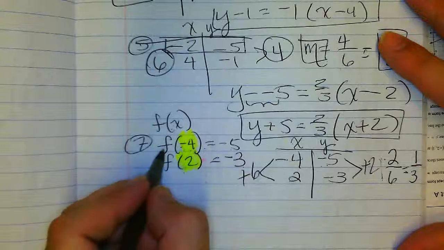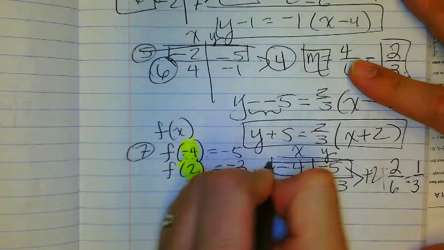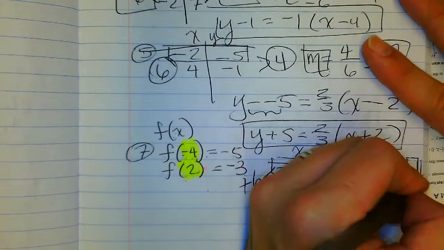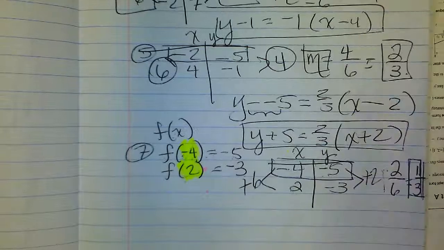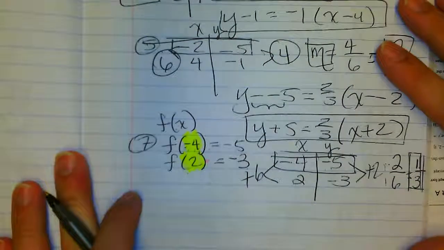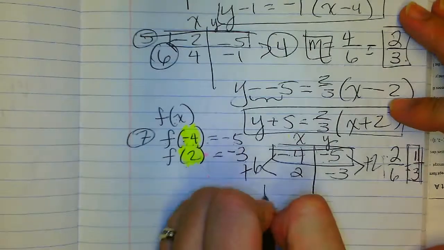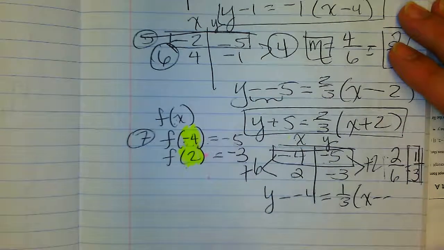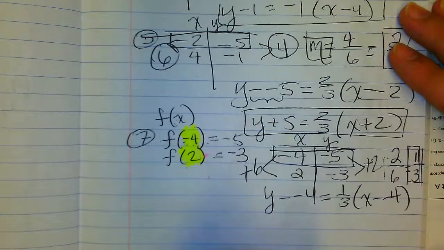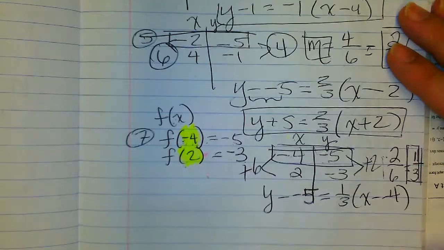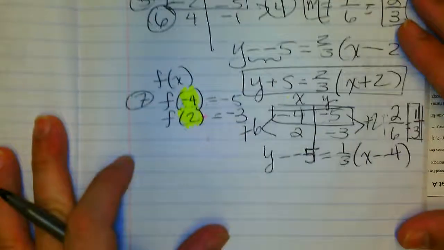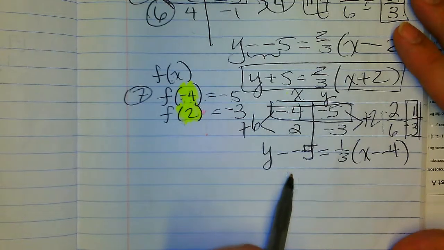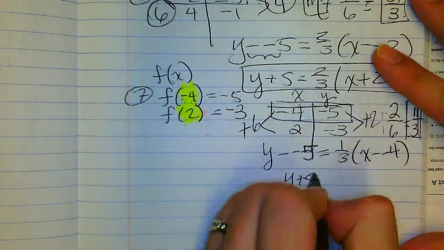All right, so here's my first coordinate point, -4, -5. Here's my slope, is 1 over 3. Very, very good. So when we go to write our equation, we have y minus minus 5 equals 1/3 times x minus minus 4. Okay, so Jose, how do I fix this? Y plus 5 equals.